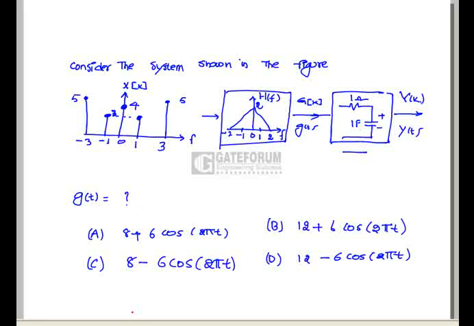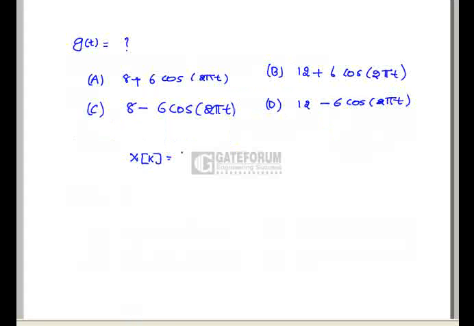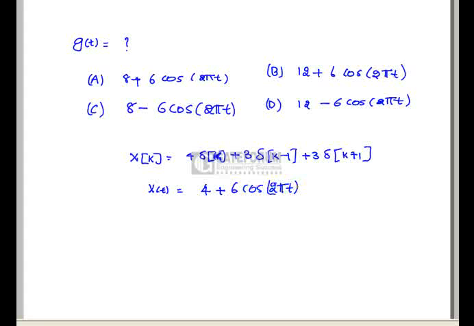Here x of k we can write as follows. x of k equals to 4 delta of k plus 3 delta of k minus 1 plus 3 delta of k plus 1. If we apply the time domain equation, that is x of t, then we will get 4 plus 6 cos 2 pi t, which is a continuous equation. Even though x of k is discrete domain signal, x of t is the continuous time signal.